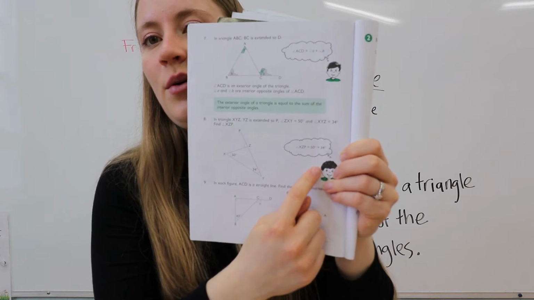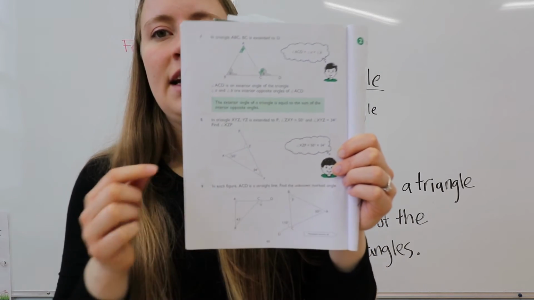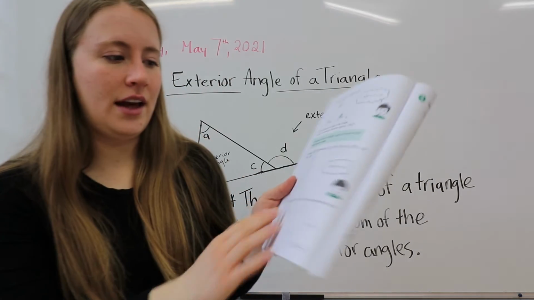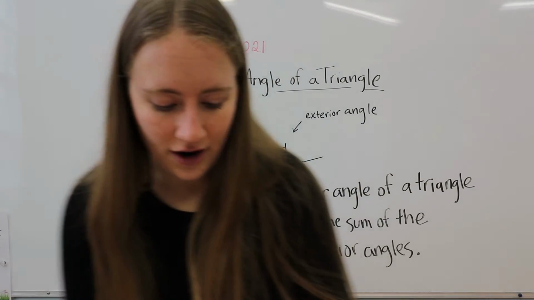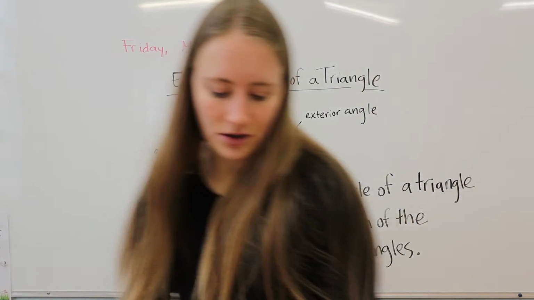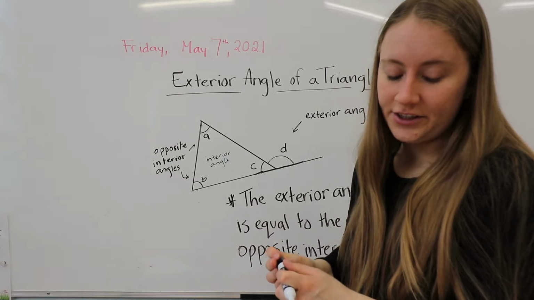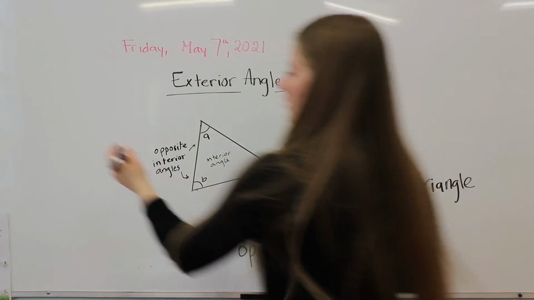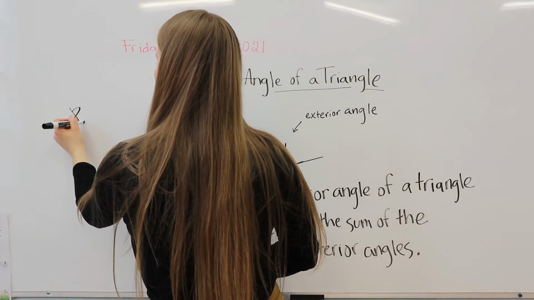So what we need to do, which our thought bubble shows us, is to add these 2 angles together to find the value of the exterior angle. Exterior angle, sorry. So I'm gonna just do it over here.